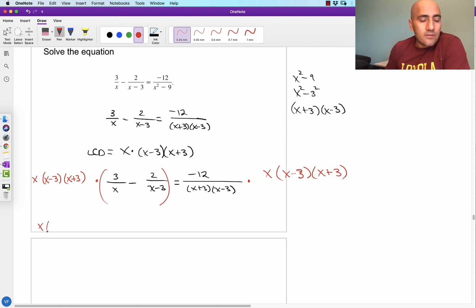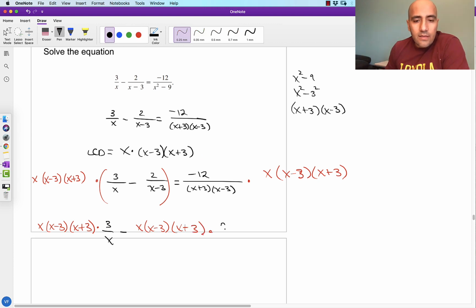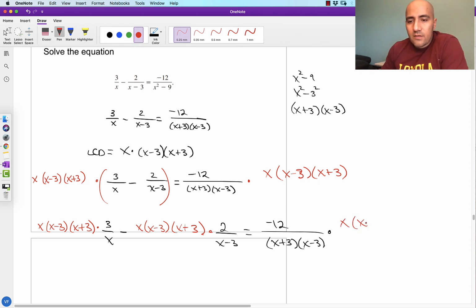I'll end up with x times x minus 3 times x plus 3 times 3 over x minus, and then another, once I distribute, I get x minus 3, x plus 3 times, and I'll get a 2 over x minus 3 equals the right-hand side, which is negative 12 over x plus 3, x minus 3 times this, which is x minus 3, x plus 3.